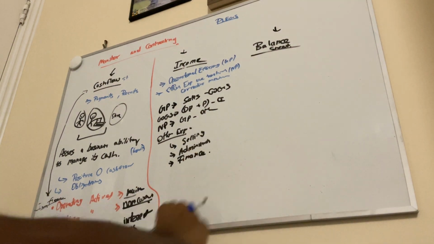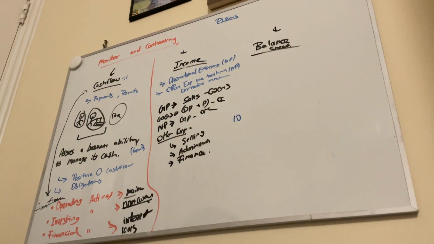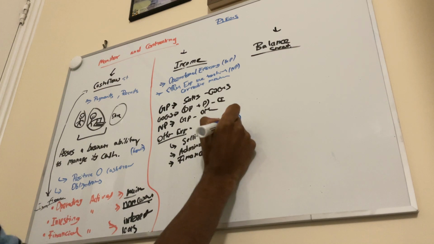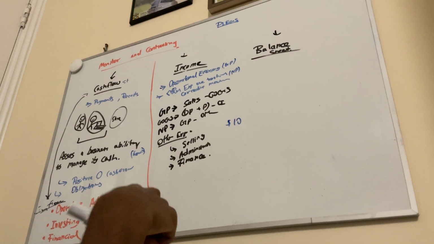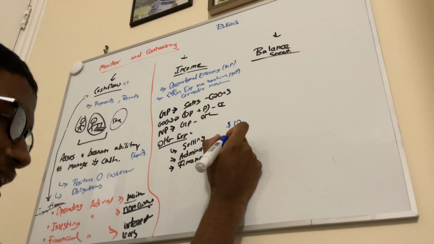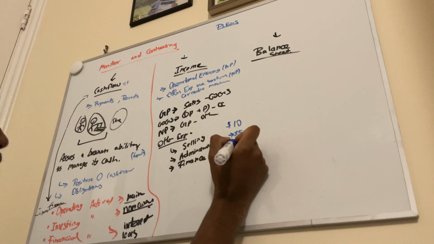Let's not make it too big. Yeah, let's say it's $10 of sales. If you made $10 of sales, then your gross profit is the profit minus COGS. So let's say you bought inventories for $5.